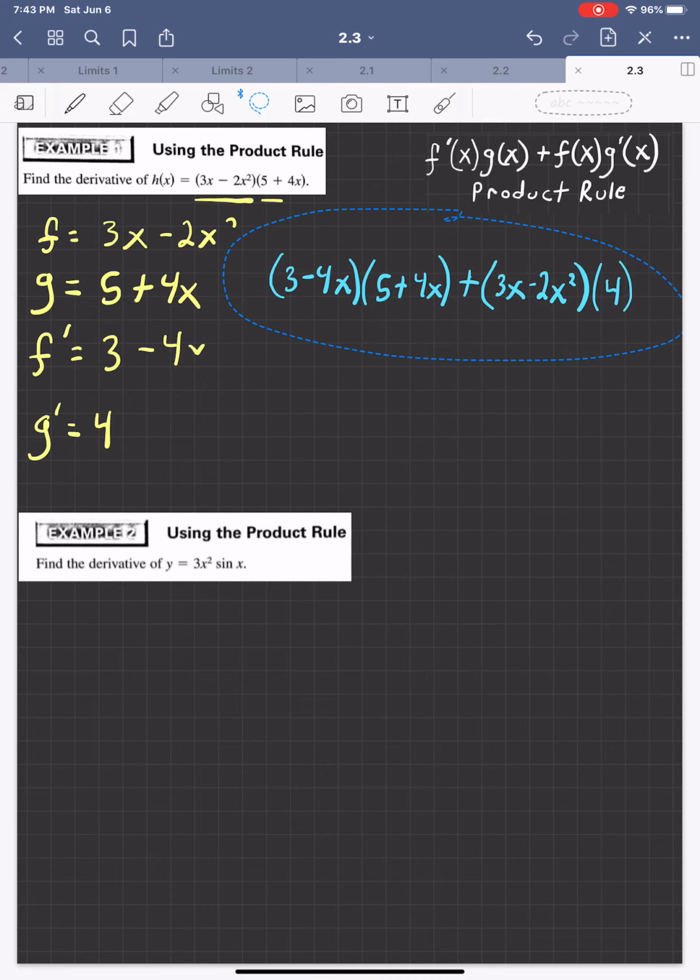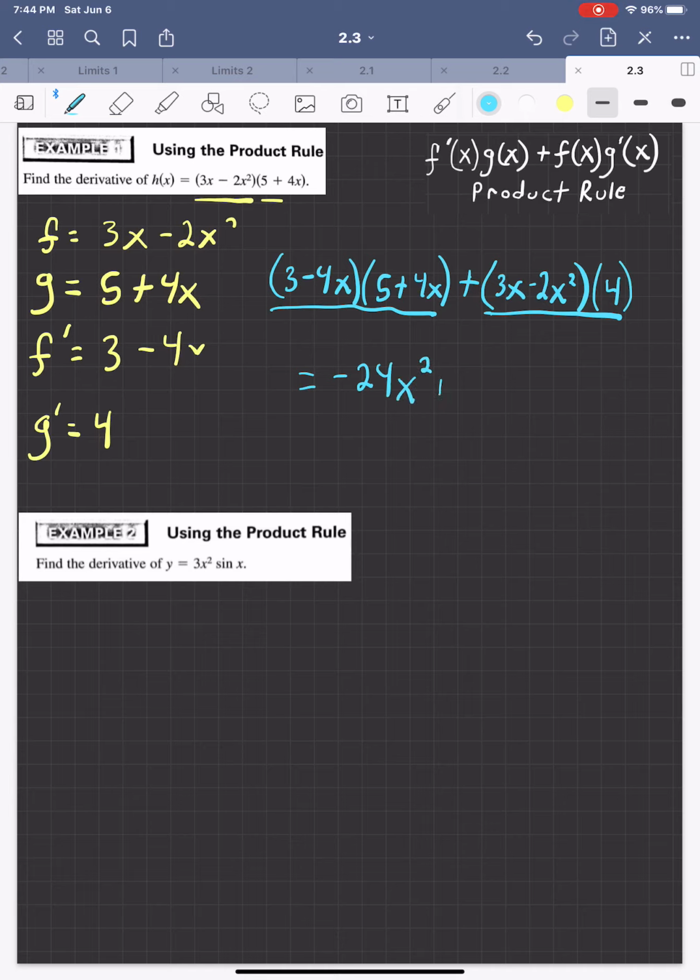So from here, the calculus is done, and all we're going to do is do a little bit of algebra. So we're gonna FOIL this out, and we're going to distribute this, and then we're going to combine like terms. All right, now on your own time you can work out all that, but the result should be negative 24x squared plus 4x plus 15, right?